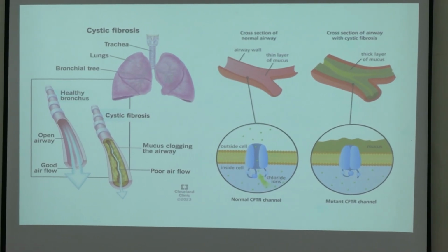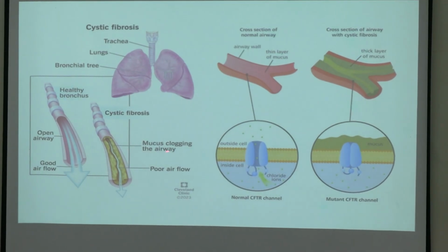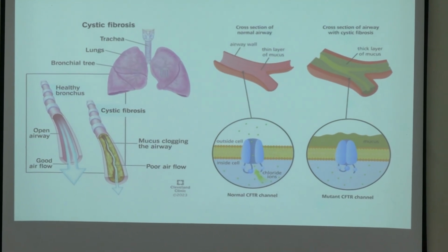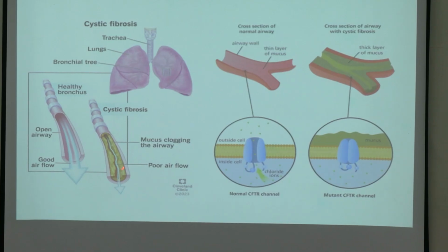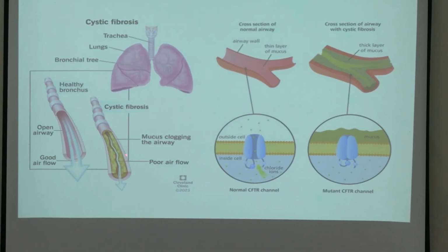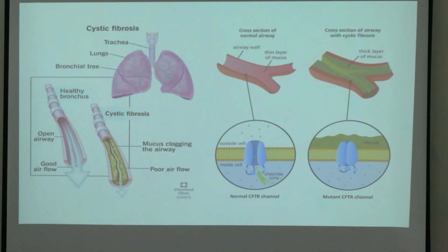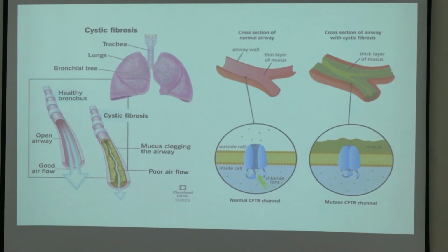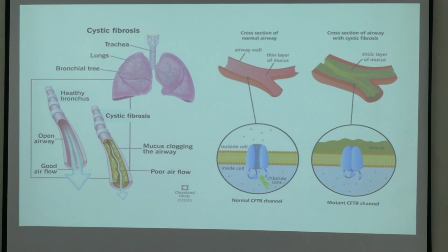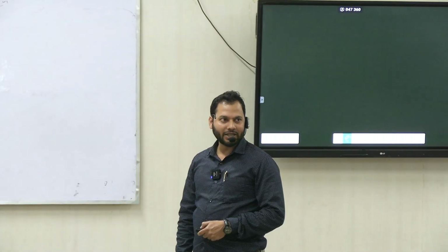And the most important cause of this cystic fibrosis is mucus clogging, mucus that clogs the normal air passage, right? Here there is a deposition of mucus across the borders of the lumen. Now the lumen becomes very narrow. That is why there is an obstruction during both the inhalation process as well as the exhalation process.